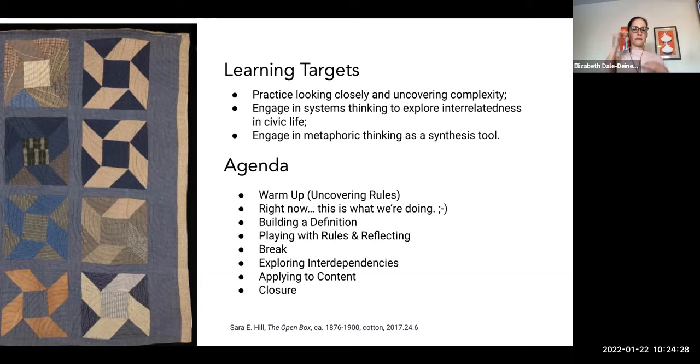We're going to be using some thinking systems in order to explore interrelatedness in civic life. And we're going to be using all of these artworks as metaphors in order to synthesize our thinking as we go. We're going to be connecting to civics content and coming back to artwork, going to an artwork and then coming back to civics content. And in the end, I'm going to invite you to fully synthesize with a little bit of application.